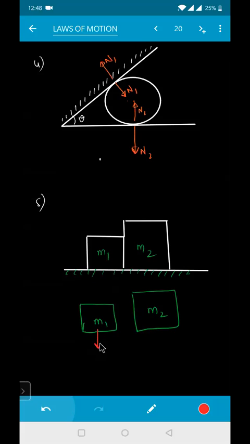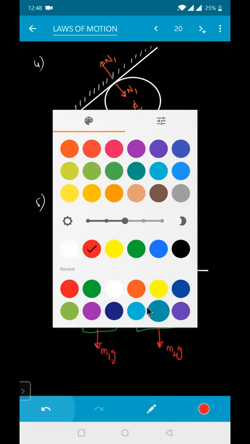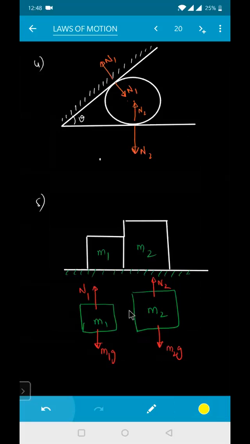That means there will be one force acting on that one, that is M1 into G, and there is one normal acting on this one, say for example N1. And there is one normal acting on this one. This is nothing but your N2. And the weight of this body acts on the ground, that is nothing but M2 into G. Now, they are also in contact on this one. This will exert one normal on this one, say for example N. And this will exert one normal on this one.